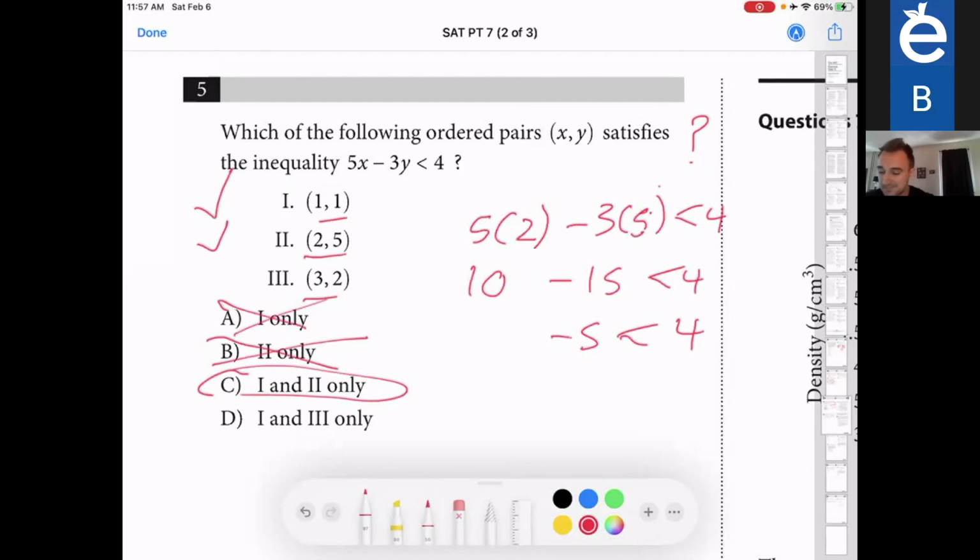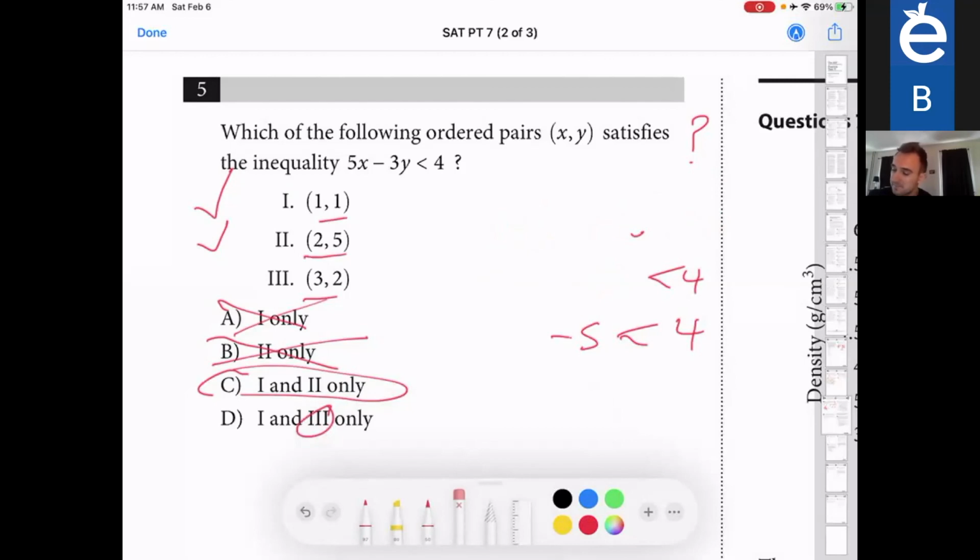So this means that D should be wrong. D involves number 3. Let's just be sure that D is incorrect, that it does not satisfy the inequality. So I have 3 comma 2, plugging in 5 times 3 for my x, minus 3 times my y value of 2.